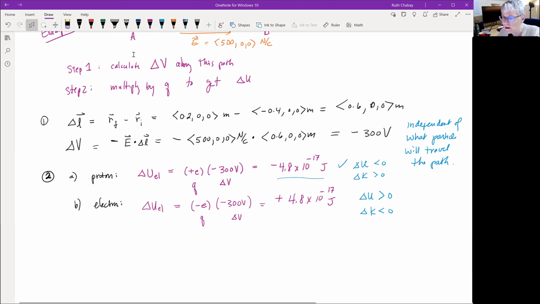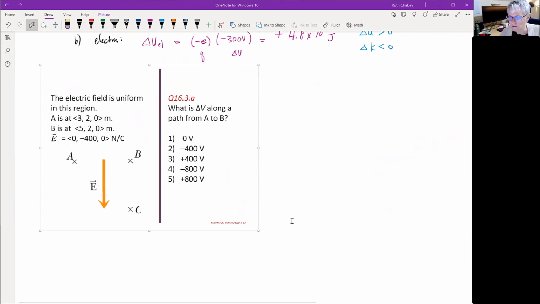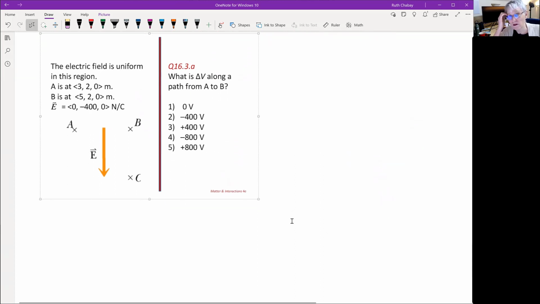Okay, so let's see if we can practice with this idea a little bit. We have a region here where we have a uniform electric field. The electric field is in the minus y direction as shown. We're given locations A, B, and C. What is the difference in electric potential along a path from A to B?